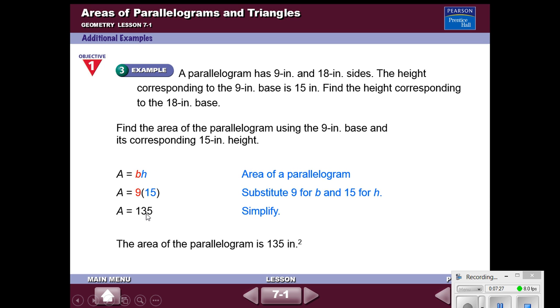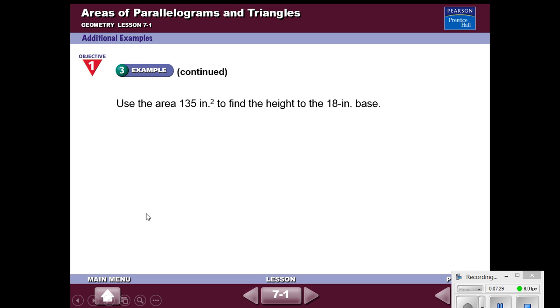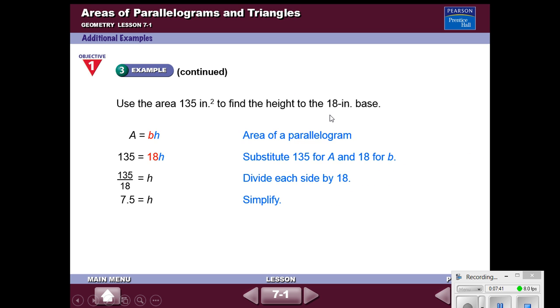But likewise, since that area is not going to change, the parallelogram is not changing its configuration, there's some height corresponding to the 18-inch base, so 18 times x is going to give me 135, or 18 times h.